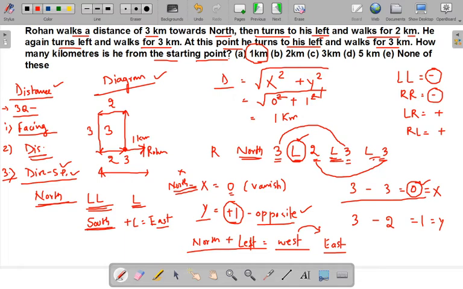So remember, whenever the value of x or y is positive, the direction will be opposite, and if the value is negative, the direction remains the same.